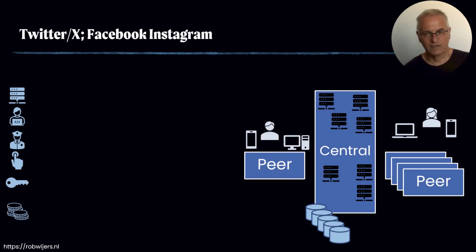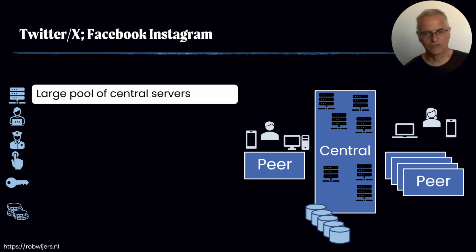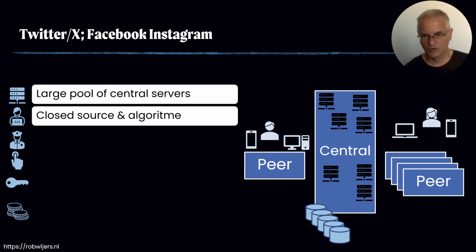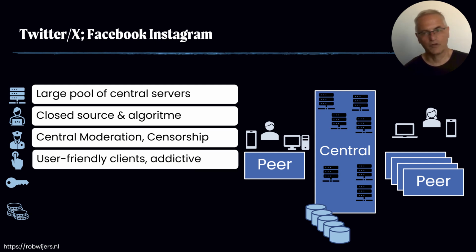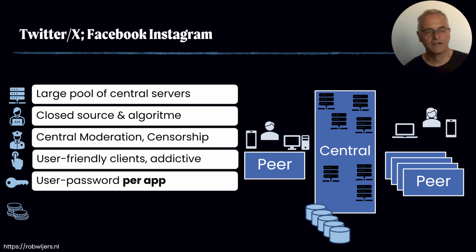First thing is we know that with Twitter, Facebook, Instagram we got a large pool of central servers, we got closed source, the algorithm is also closed source, we got some central moderation, censorship that we got a lot of discussions about. On the other hand, there are user-friendly clients which make us very addictive.